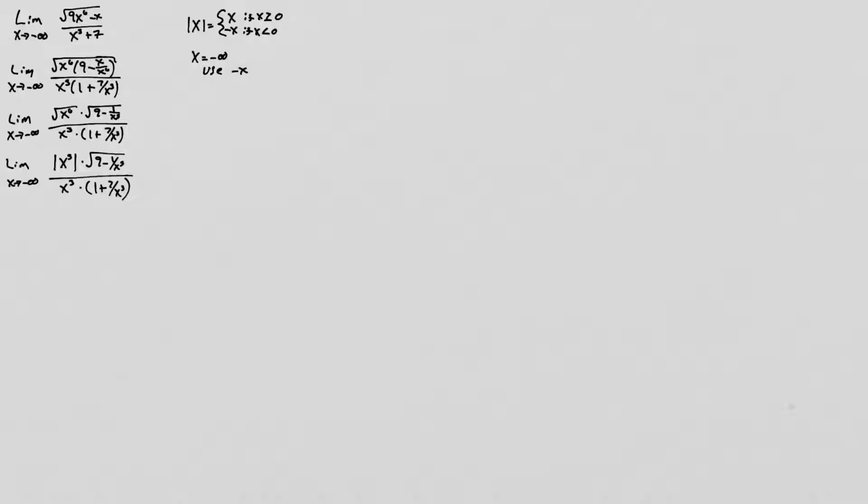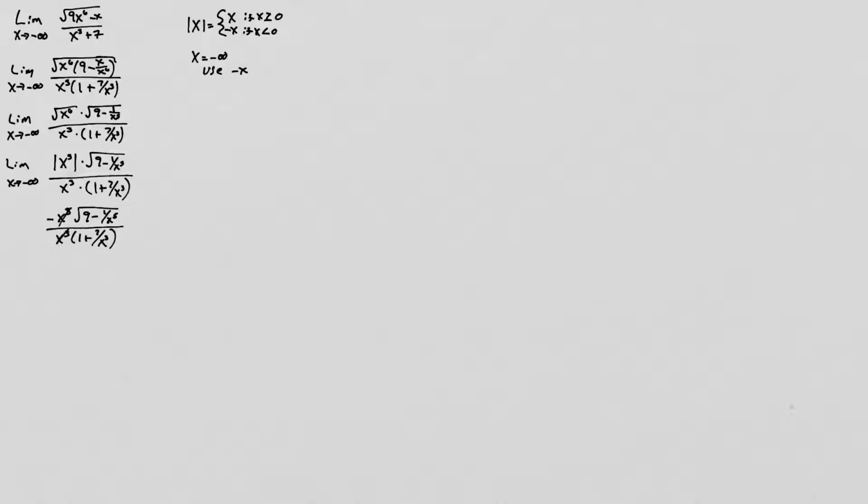All right, from here, since I have the absolute value, I know I have to use the negative, so this is going to become negative x cubed times the square root of 9 minus 1 over x to the 5th, divided by x cubed times 1 plus 7 over x cubed.